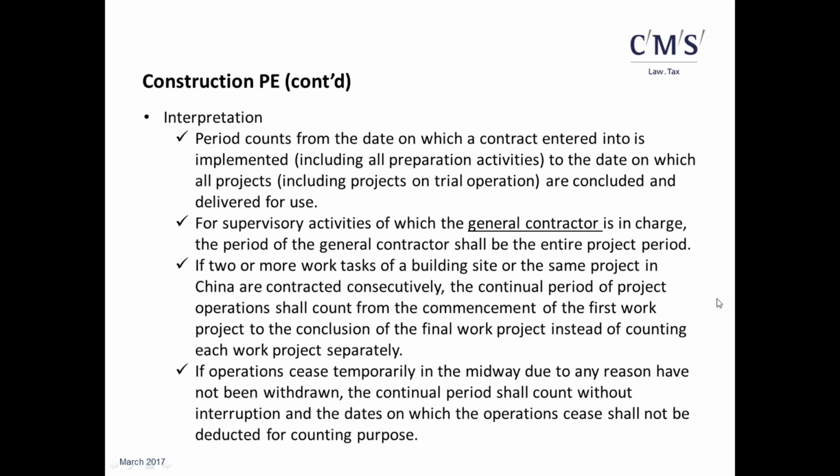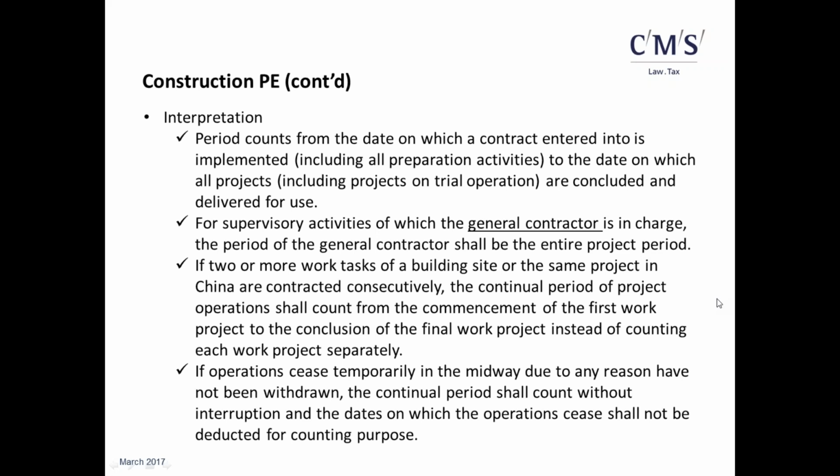For example, if a foreign enterprise dispatches certain employees or workers to China to build a house for a Chinese customer, before building a house, they also have a contract with the Chinese customer to do some piping works. Okay, but piping work is the precondition for moving forward to the building work. So we can say these are two different work tasks, but they are consecutive.